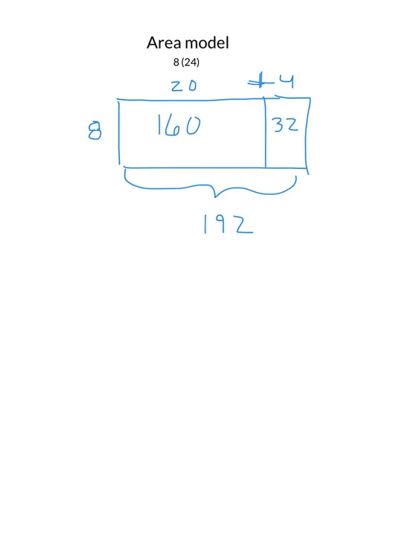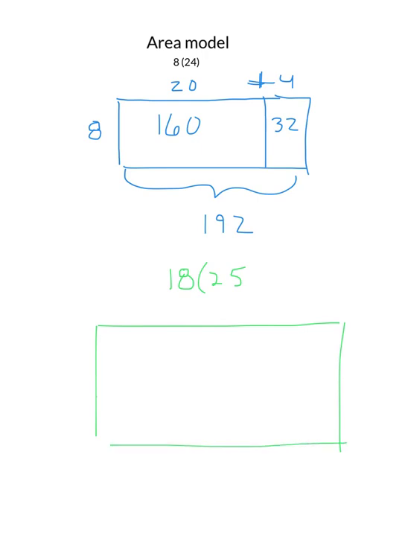Realize, let's say I gave you a 2-digit by 2-digit number. Let's say it was 18 by 25. Because it's focused on place value, I would break it up into 20 plus 5 and 10 plus 8.